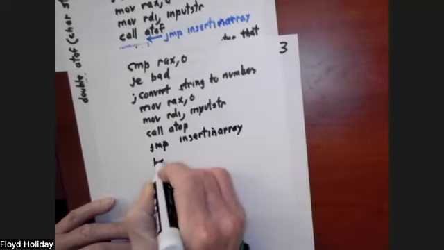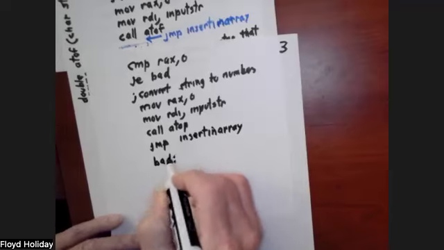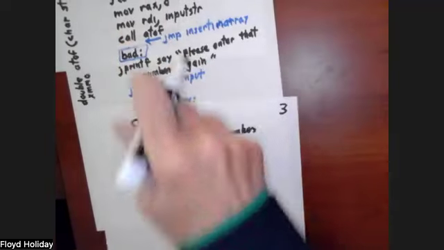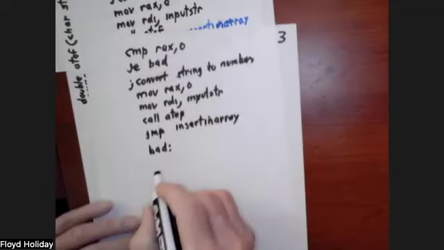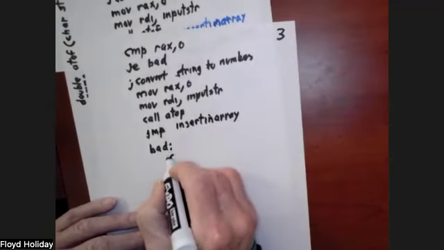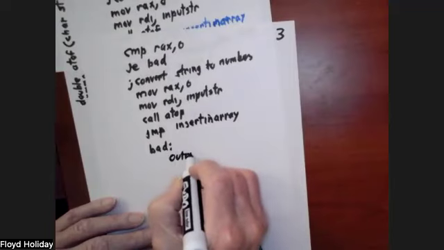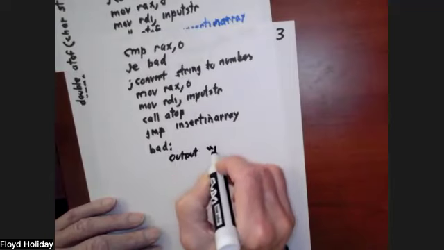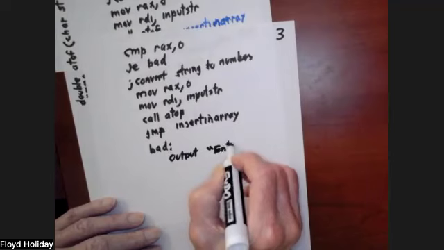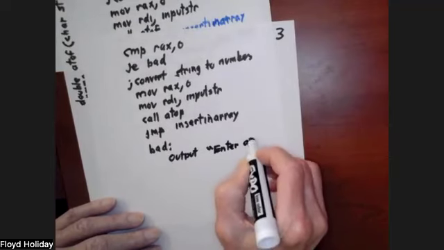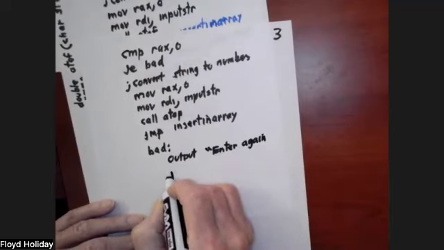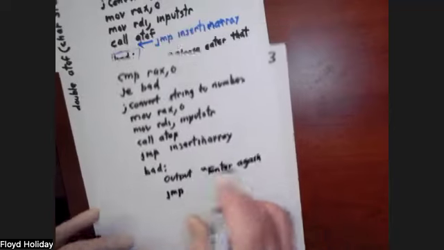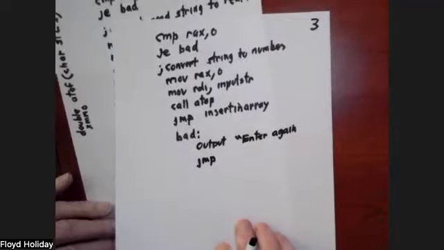Here's the bad part. Bad says enter another number. Output enter new number. And JMP to do it all over again.